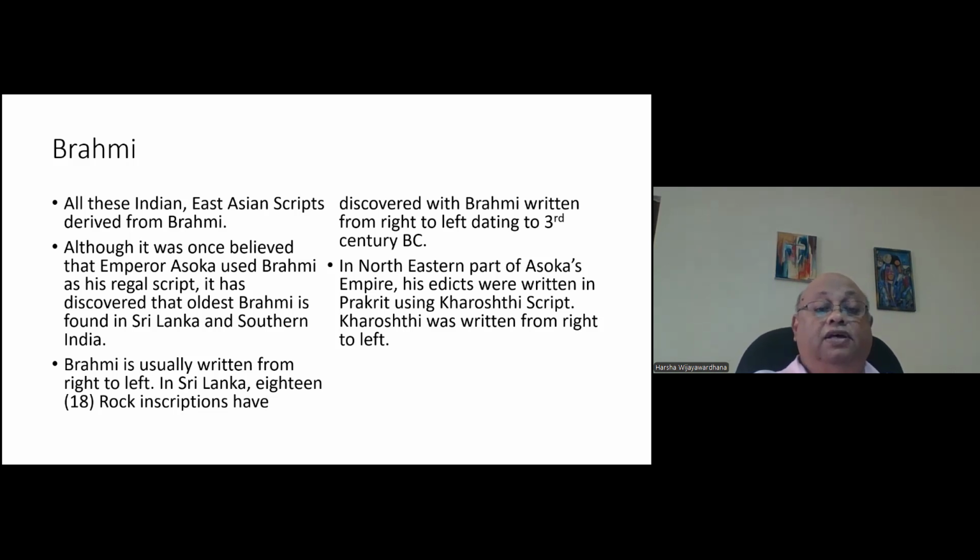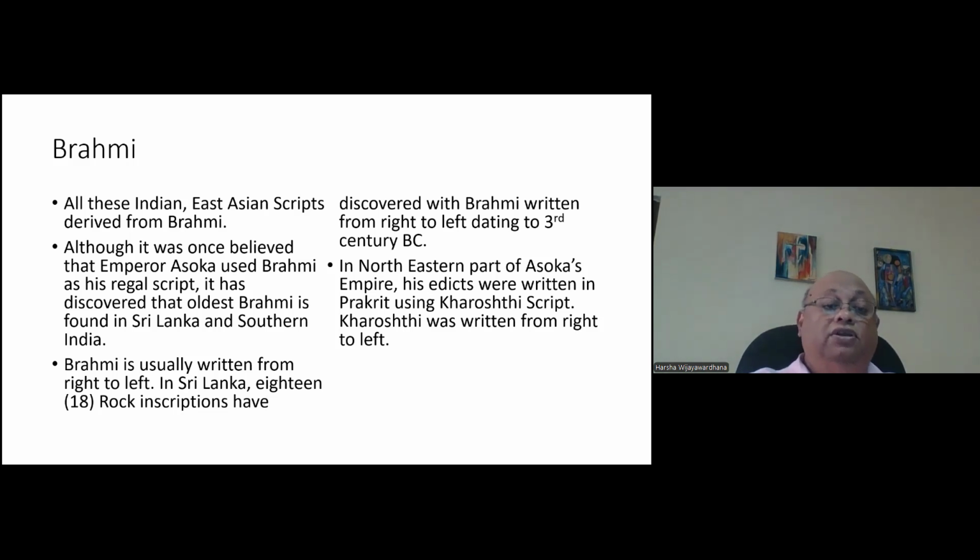Brahmi is usually written from left to right. I'm sorry that the presentation says right to left. In Sri Lanka, we have discovered about 18 rock inscriptions with Brahmi written from right to left, like Aramaic, for instance.